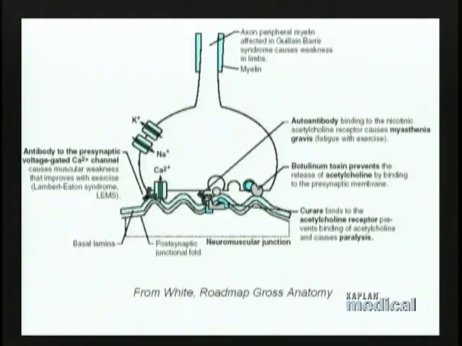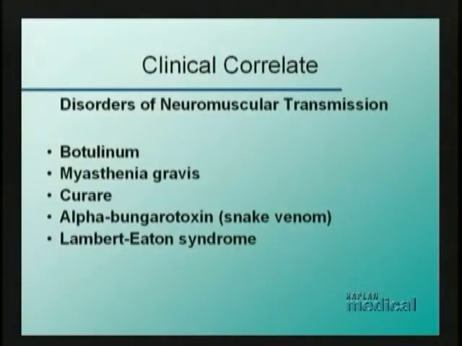Also illustrated are other problems that affect the neuromuscular junction, such as the antibody binding to cholinergic receptors that's a cause of myasthenia gravis, the area where botulism toxin binds to the presynaptic membrane, the site where curare binds to the cholinergic receptors themselves, as well as the antibodies raised against presynaptic calcium channels that are a cause of Lambert-Eaton syndrome. The details of these deficits are summarized on the next couple of slides.